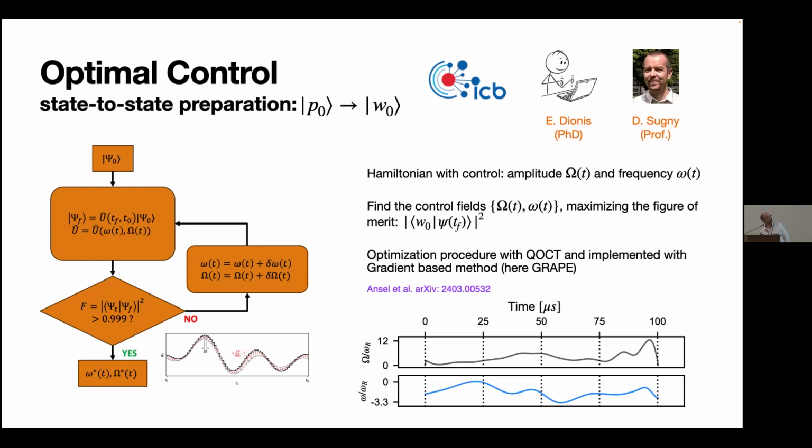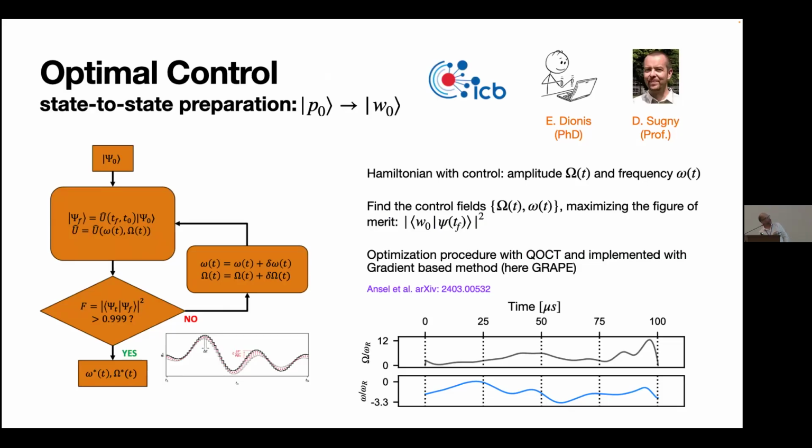So in practice, we have to control the amplitude of the lattice and the frequency of the lattice. So this is, as an experimentalist, I can play with these two buttons, or my student can play with those buttons.